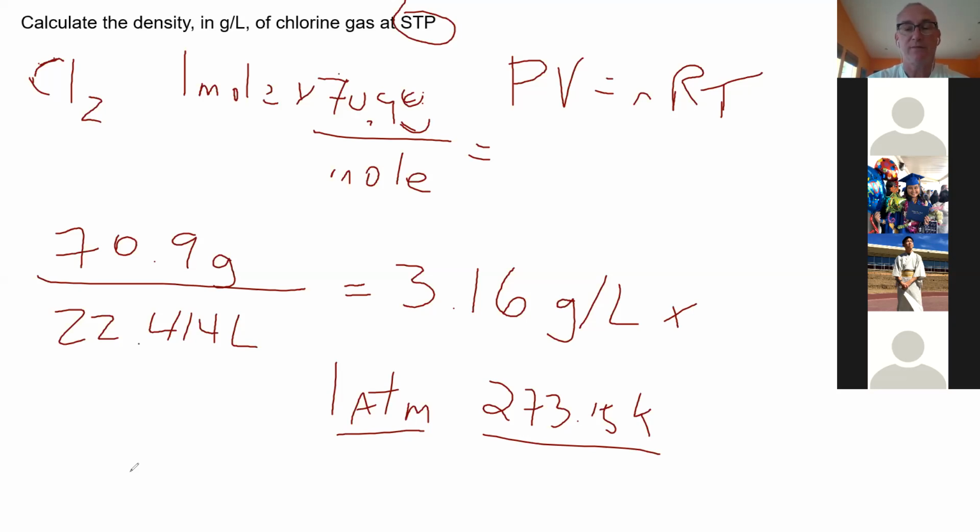And since this is based on our volume, if the pressure goes up, what happens to the volume? It decreases. So they're inversely proportional. But what happens to the density?